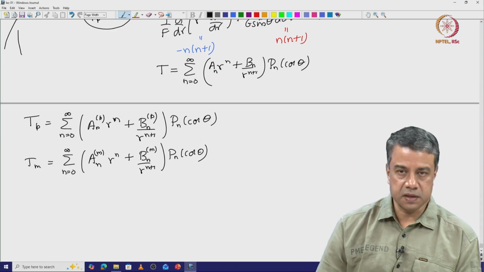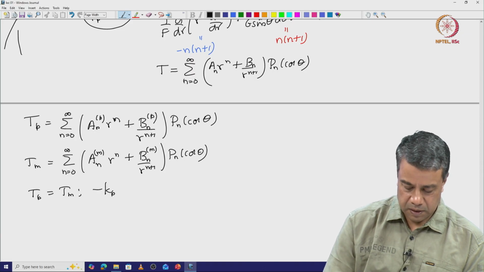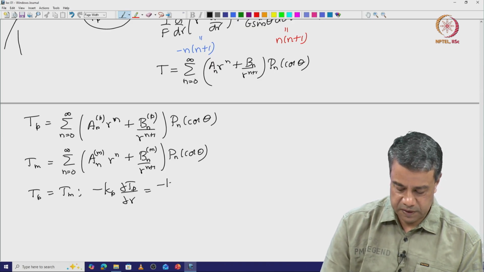And the boundary conditions are, as the temperatures are equal, minus Kp partial Tp by partial r, the fluxes perpendicular to the surface are equal.